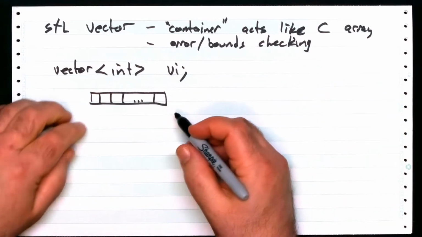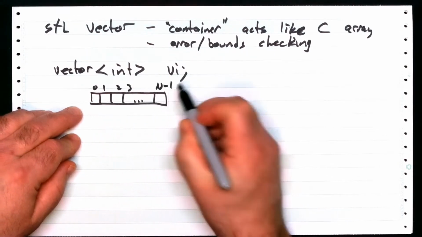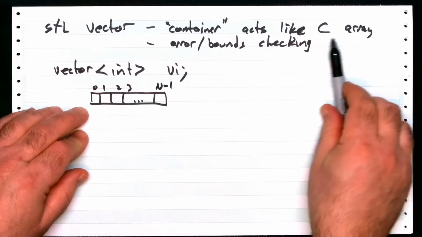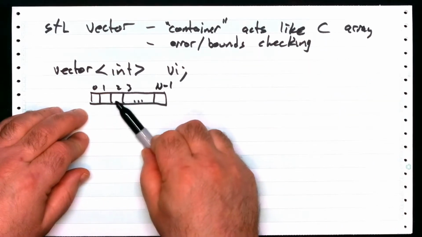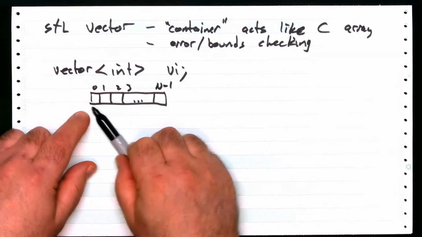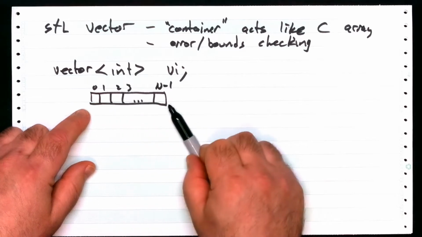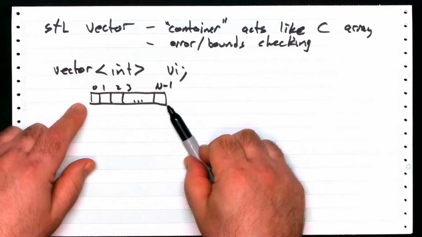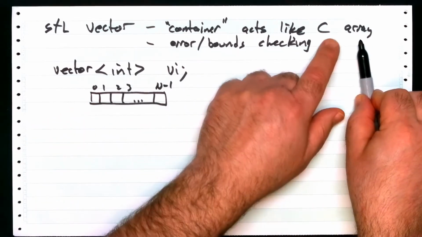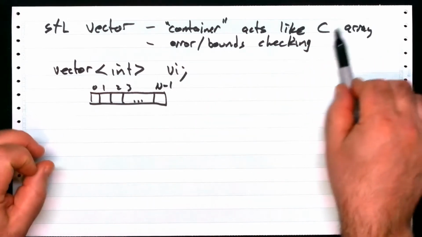Well, let's look at some terminology here. So what's the size? Just like a C array, the first element is 0, 1, 2, and 3 as you go along through n minus 1, where n is what the template library here calls the capacity of this array. In a C array, you might just think of that as the size or the length of the array, the physical size, how many elements can it have.